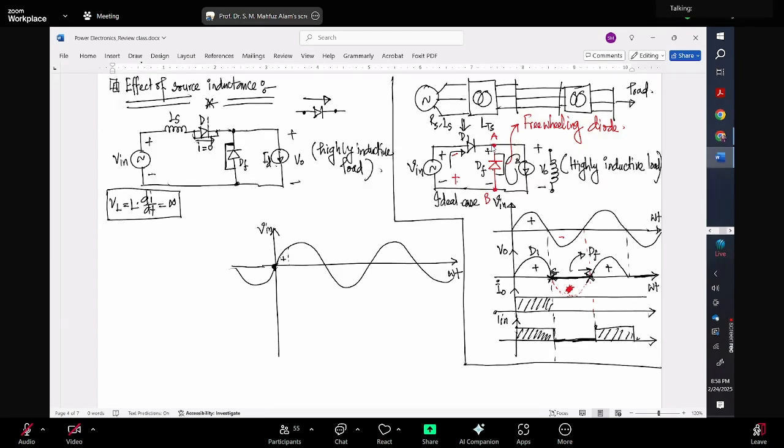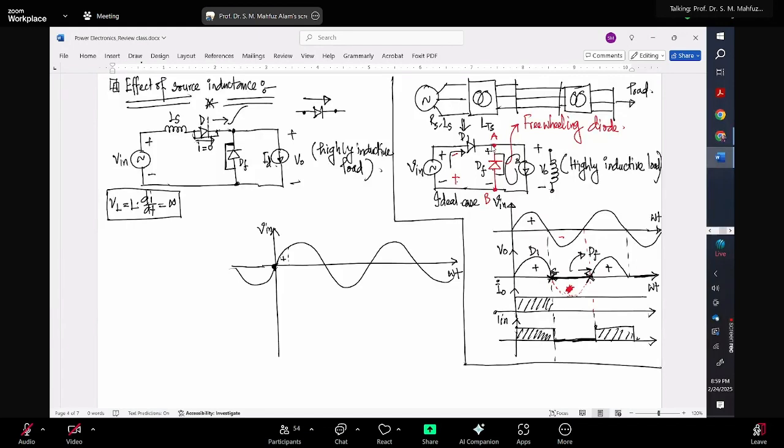As you can see, during the negative half cycle, this ID current was going through the freewheeling diode. Since the inductance doesn't allow the diode to take the output current instantaneously, the current through the diode will linearly increase up to ID.